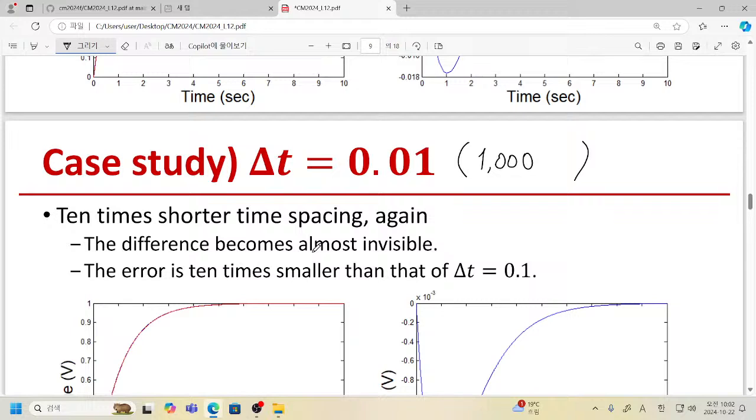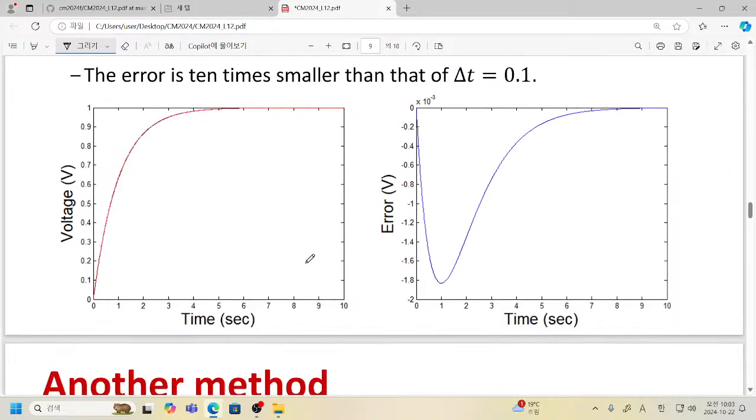Of course, there is always a trade-off. If you spend too many time points, then it immediately costs you. You must occupy your CPU or GPU longer than before. So if it is not justified by a better analysis, then maybe you are wasting your CPU or GPU time. So that is understood.